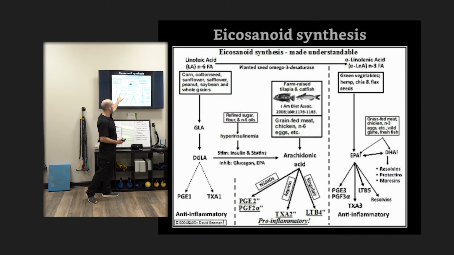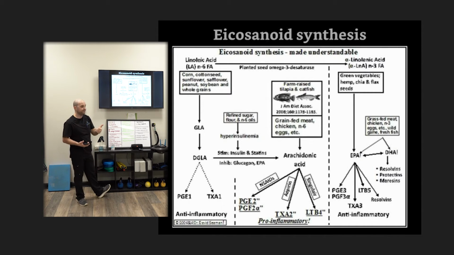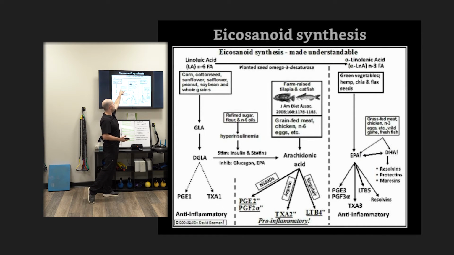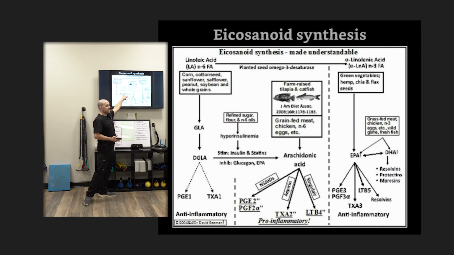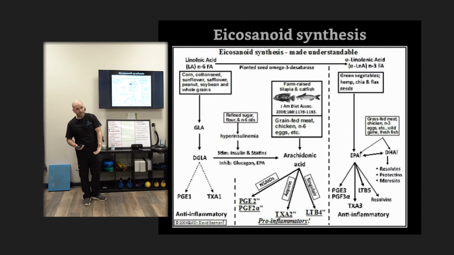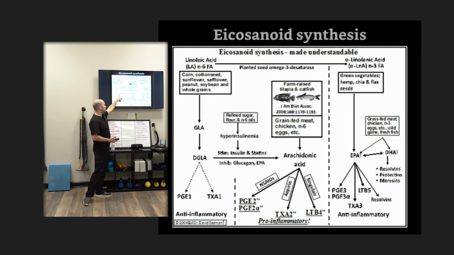Now if we were to go into this direction, what actually will stimulate this is insulin. Now, if we eat refined sugar, refined flours, and then omega-6 fatty acid oils, we basically are going to trigger an insulin response, right? So when insulin is increased, or we're taking statin medications, that's going to push this pathway across to arachidonic acid, right?